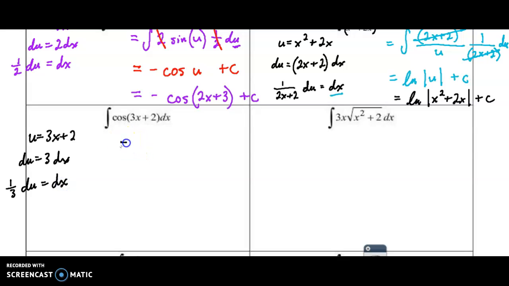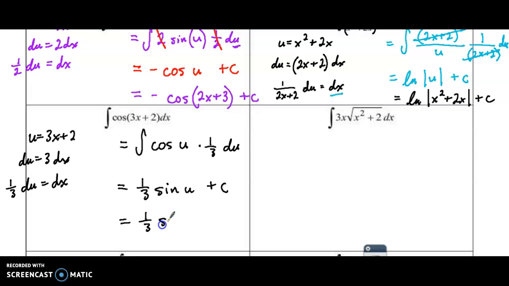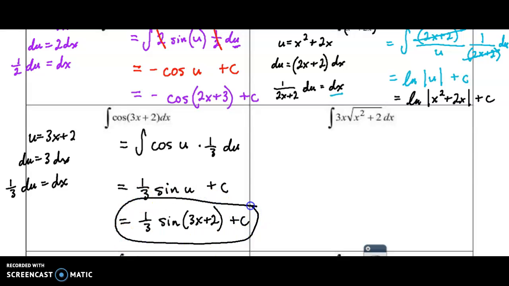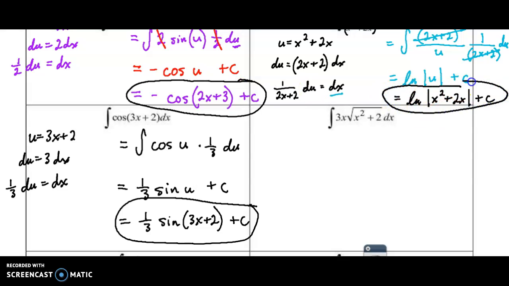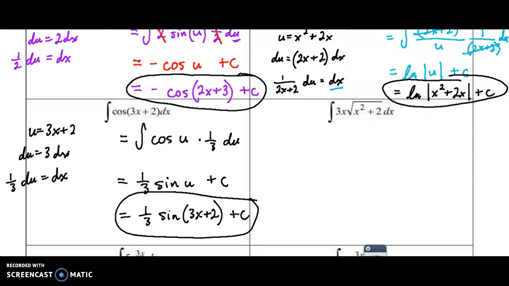And the reason why that's useful is that as you look at the integral of cosine of u, replacing dx with that 1/3 du, it makes sense that your final answer will be 1/3 sine of u plus c, but then don't forget that u was actually equal to that 3x plus 2. There we go. I should be circling my answers as I go. Anyway, I'm not going to go back and change anything.